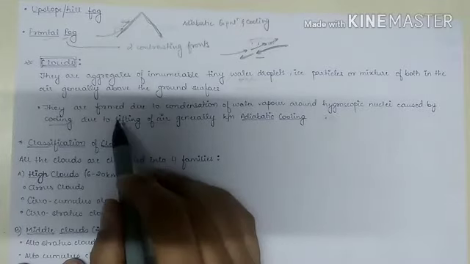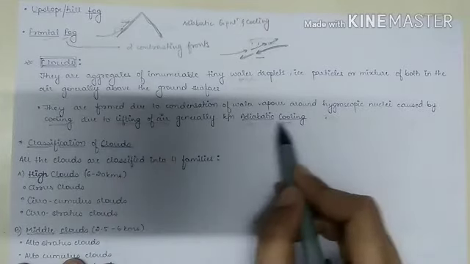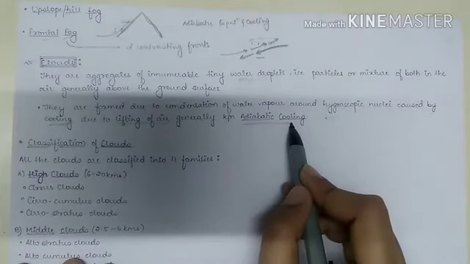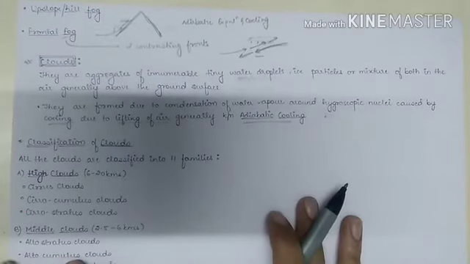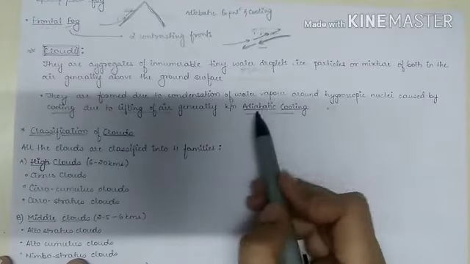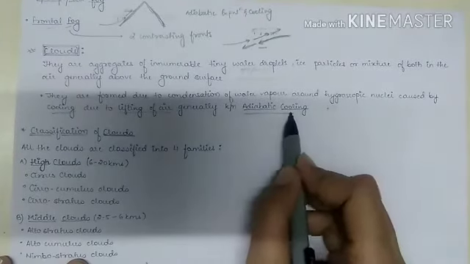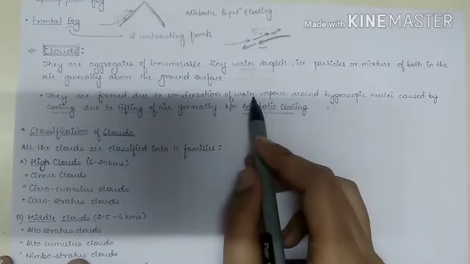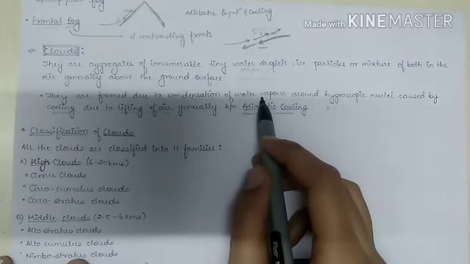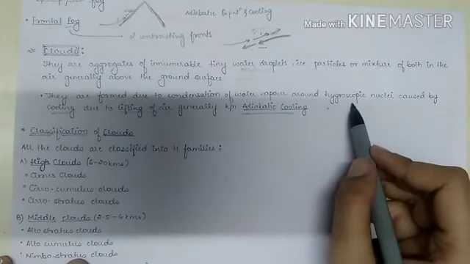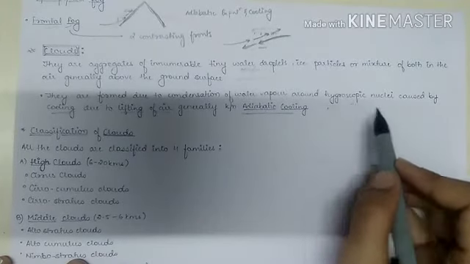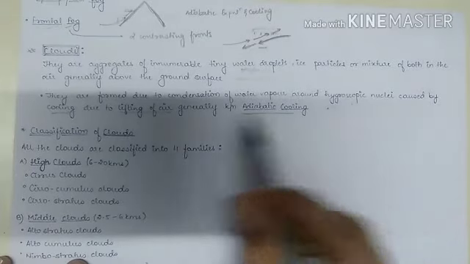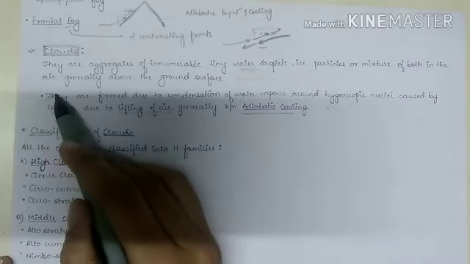And this type of cooling is known as adiabatic cooling. Now due to adiabatic cooling, water vapor condenses and gets collected around the hygroscopic nuclei. This is how the clouds are formed.